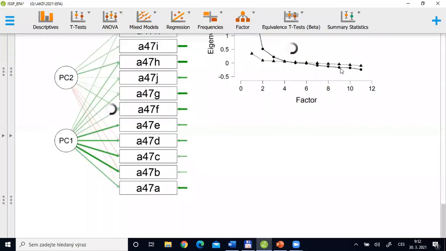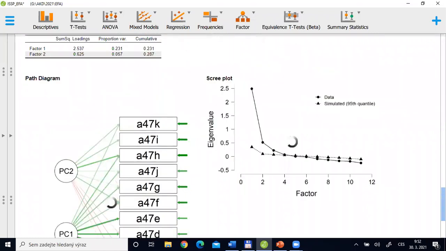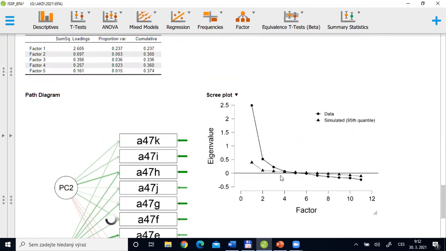So JASP is recomputing. In my case, maybe you have achieved your results, and JASP will take the line here and take a certain number of dimensions. I guess that 5 dimensions would be correct, as the values 1, 2, 3, 4, 5 of this solid line are above 0. So we can check it.